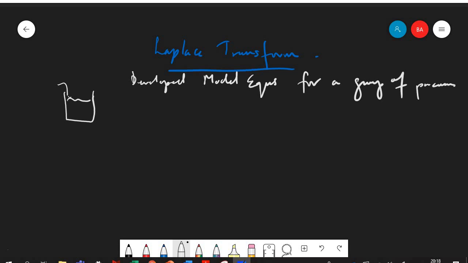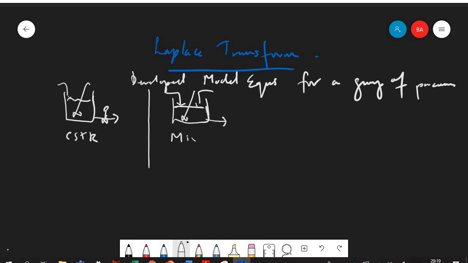And in this group of processes, one was the CSTR, if you can remember, and another one was the mixer. I forgot the stirrers, and that is a mixer. And we have taken the surge tank, and we have something like that.